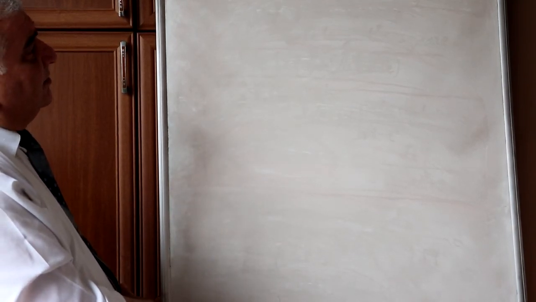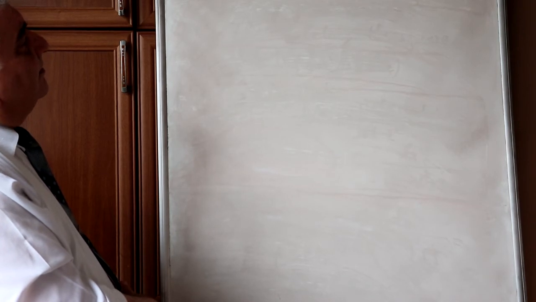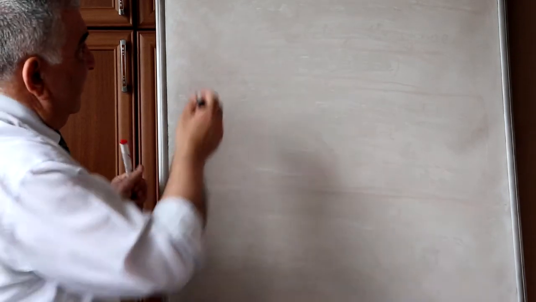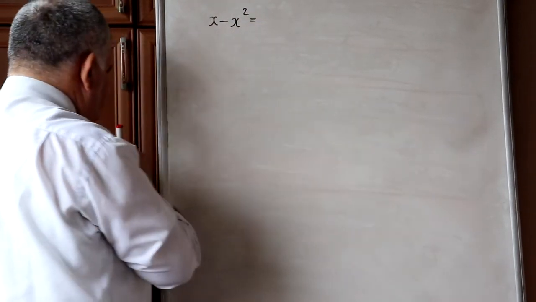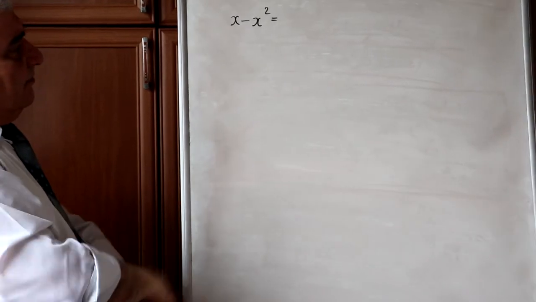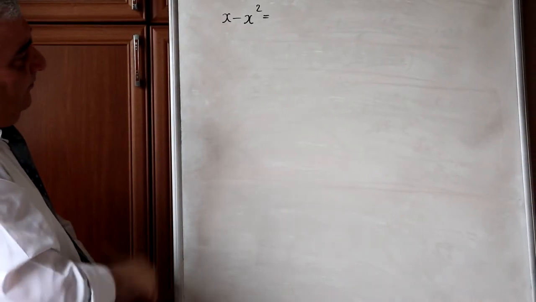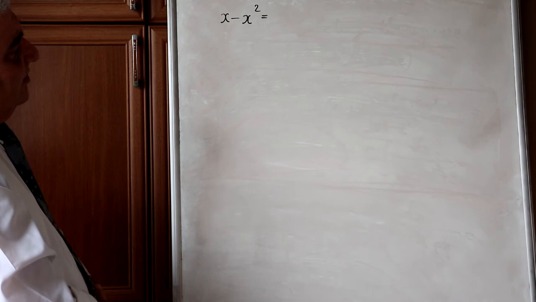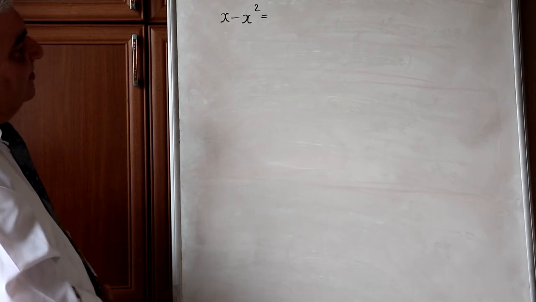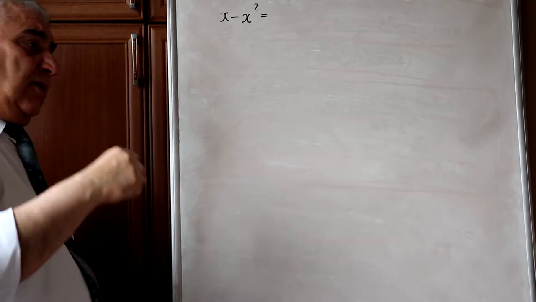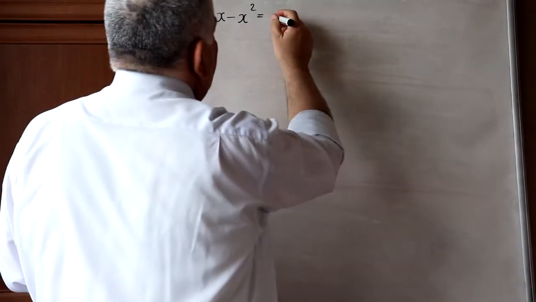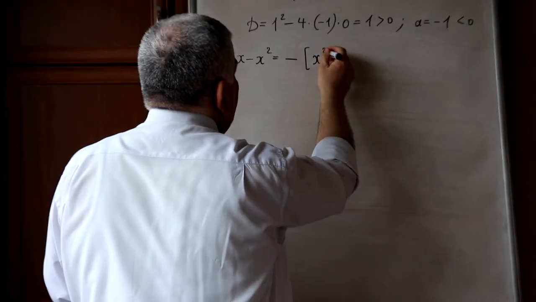First, complete the square in the root expression. Write the root expression x minus x squared. For simplification, first take the negative sign out of the brackets: minus (x squared minus x).